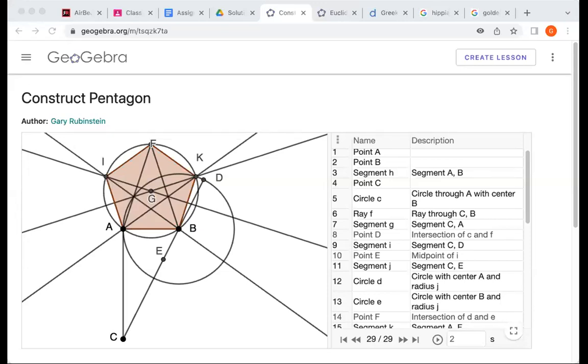Yes. Let's see. Book 4, proposition 10. Wow. Yeah, I'm about to assign it. So let me do this. Share. Oh, that's interesting. Embed. I don't want to embed.